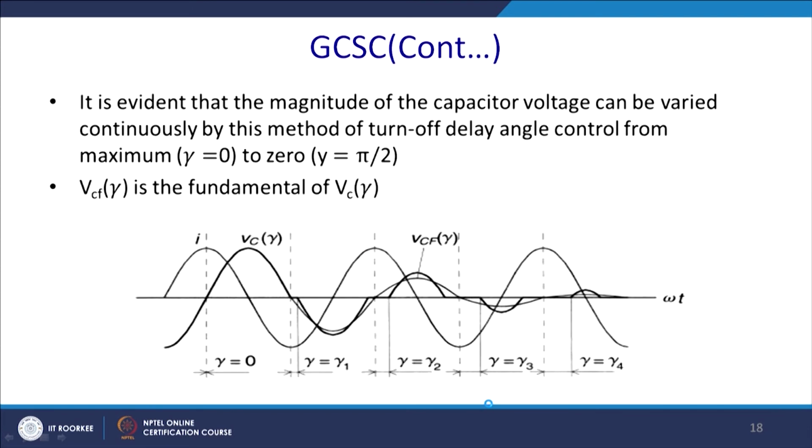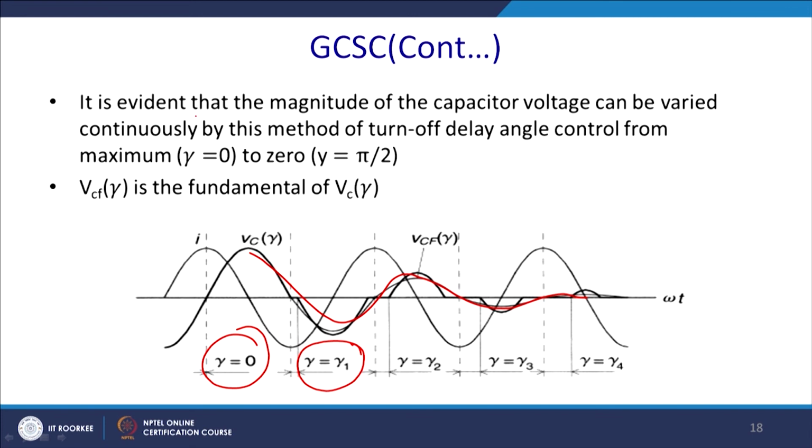So, what happened? This is a waveform for GCSC. You see this is a current and this is a VCC. So, this is when it has not been triggered and thereafter you change this angle to lambda 1 and lambda 2, gradually this voltage will reduce and this is a VCC and ultimately effectively you get change in VCC as required.